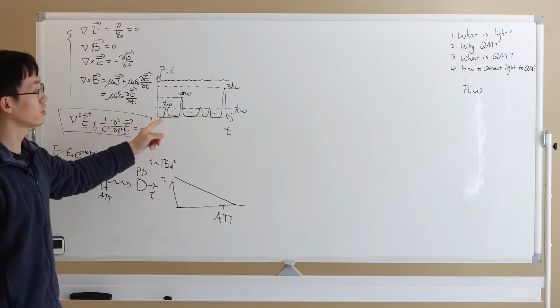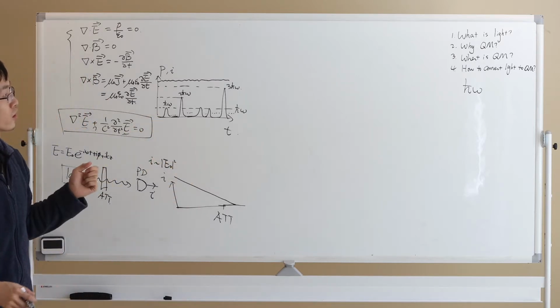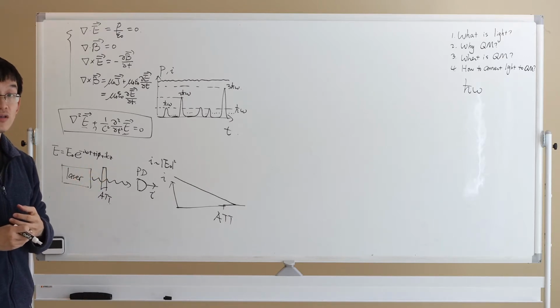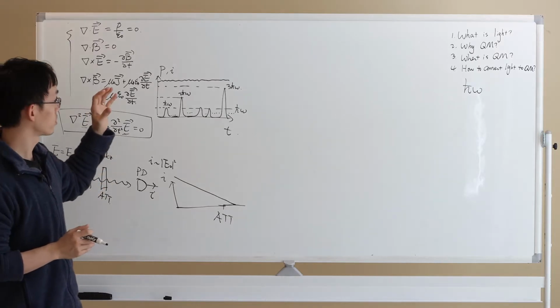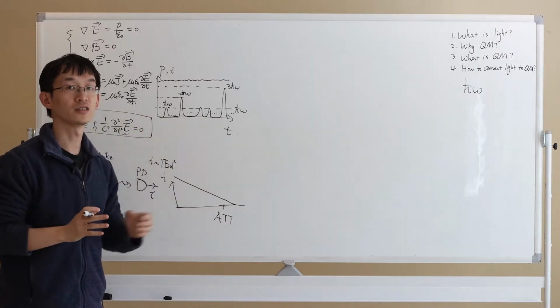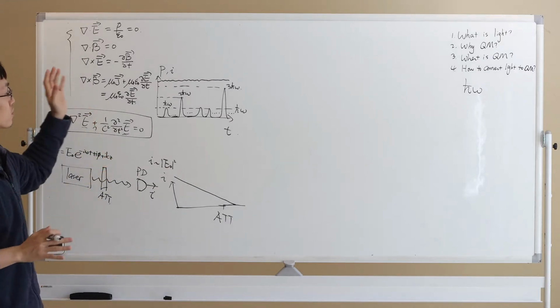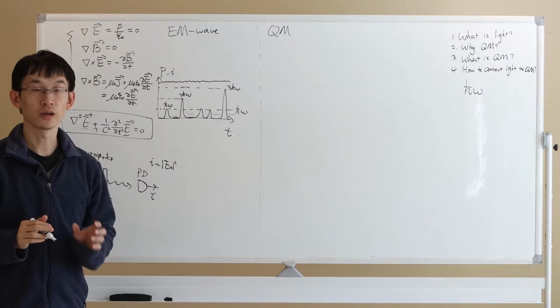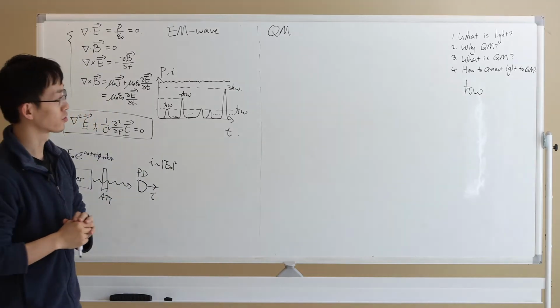So this is exactly why quantum mechanics is useful in a lot of optics experiments, because you will see things that just don't fit with classical mechanics, or with the Maxwell equation at all.